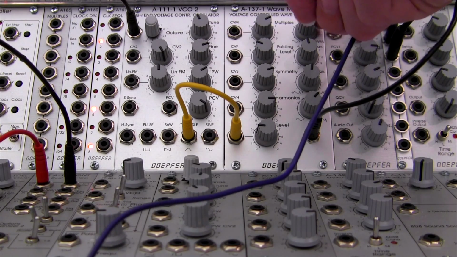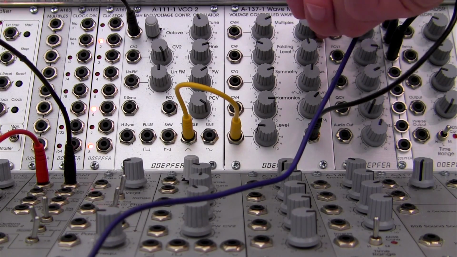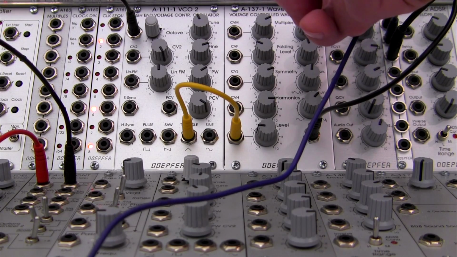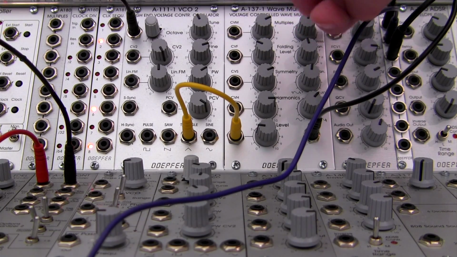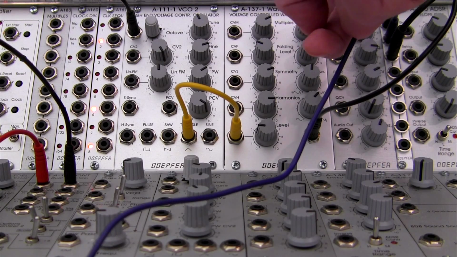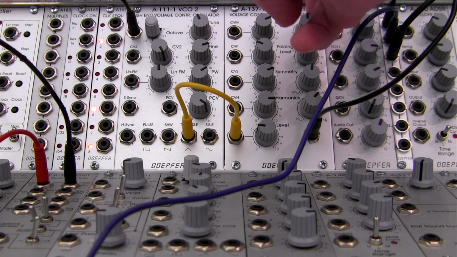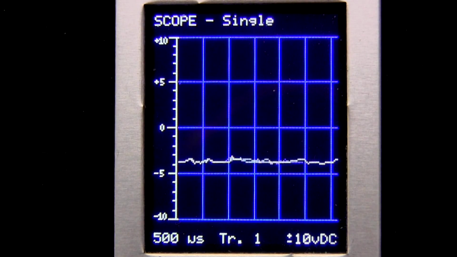So I'm going to make a small modification to our manual multiples control here. This is increasing or decreasing the number of waveform multiplications. And you can see over at our oscilloscope that it's not quite having a great effect, at least not that we can see at any rate.